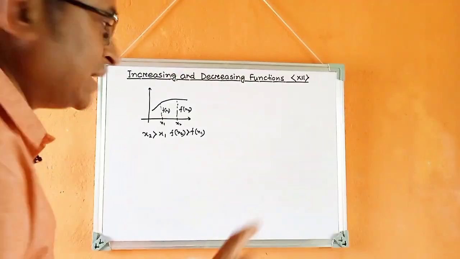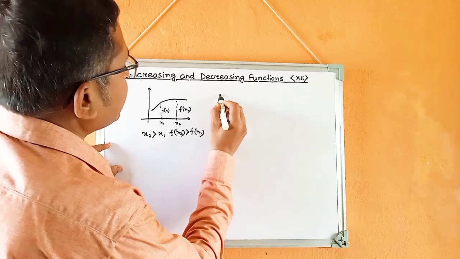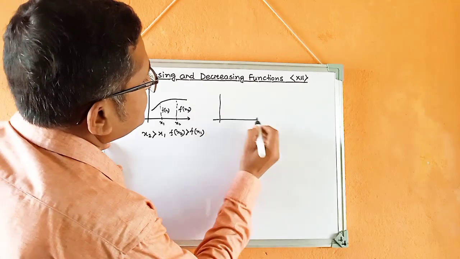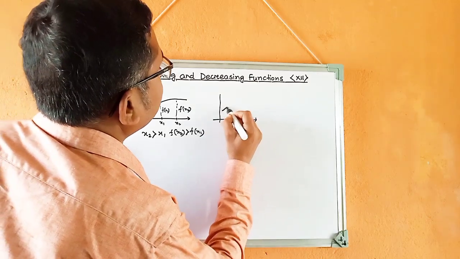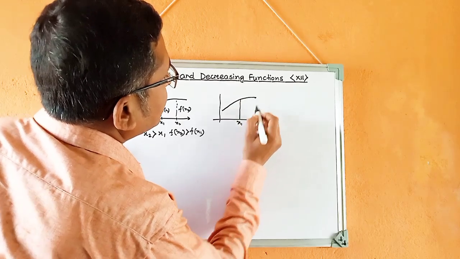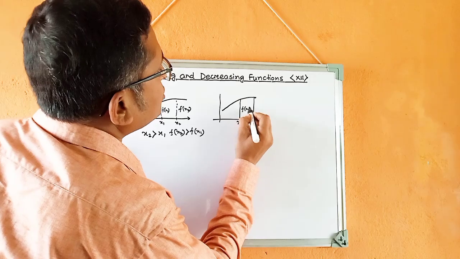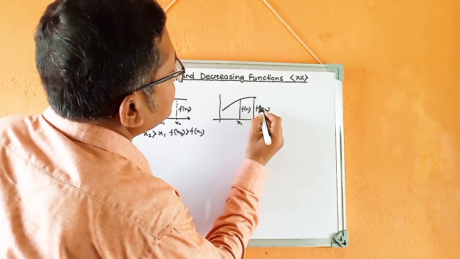Now see another way. Suppose the same graph. If x1 is here and x2 is here, so here is f(x1) and here is f(x2).